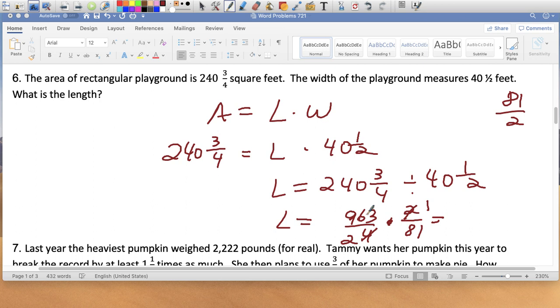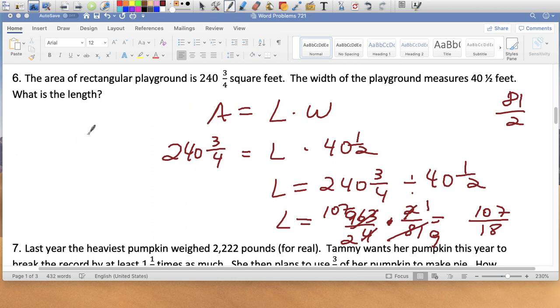Cancel, that becomes a 2. Is that divisible by 9? Yes, it is. 963 is divisible by, is it divisible by 81? No, but 963 is divisible by 9. So if I divide 81 by 9, I get 9. If I divide this by 9, I get 107. And then I get 107 over 18.